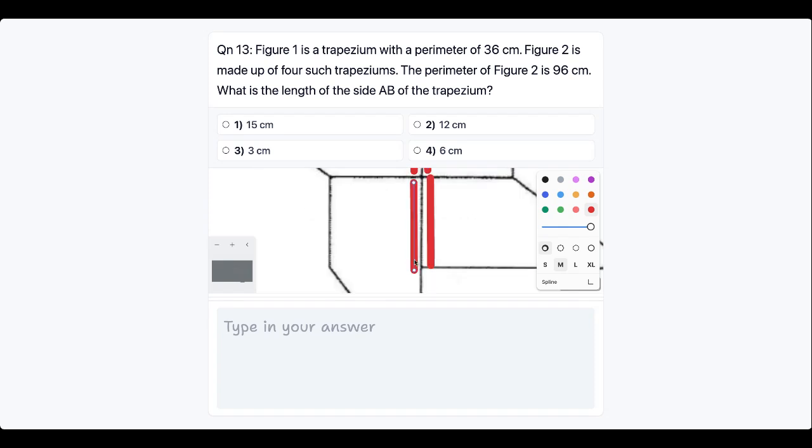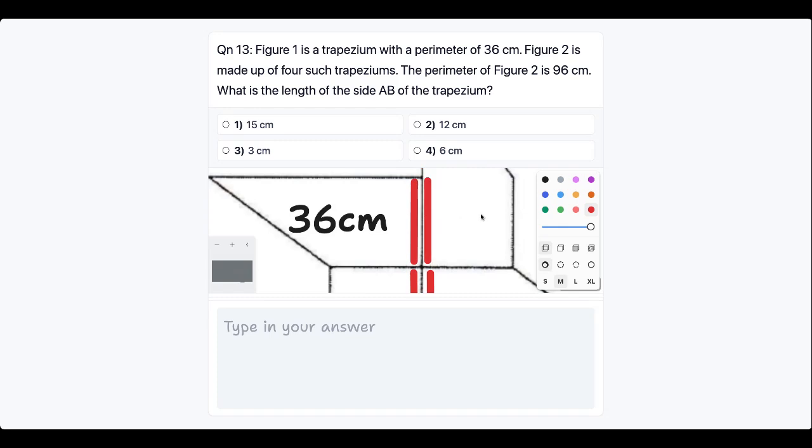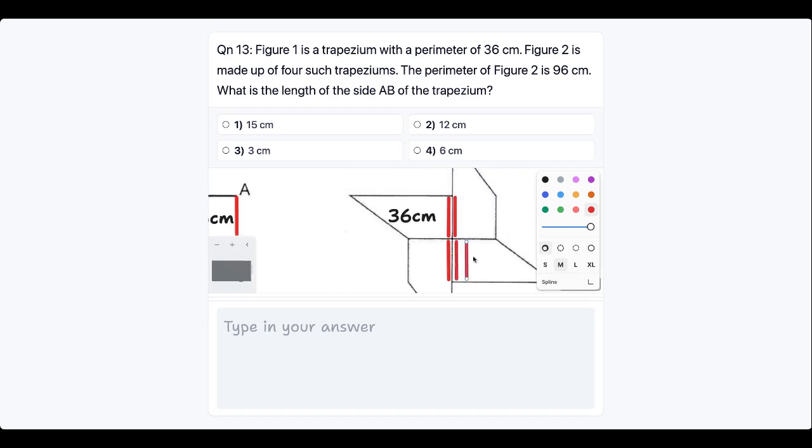Then we have three red line. Okay, and then four red lines. And then AB as well is also over here, which is this red line and this red line as well. Okay, and this red line and this red line. That's what you see over here.